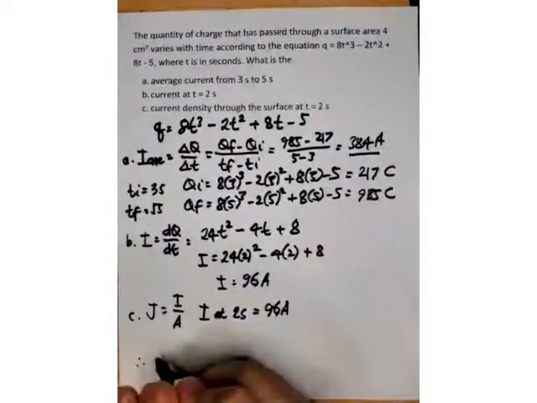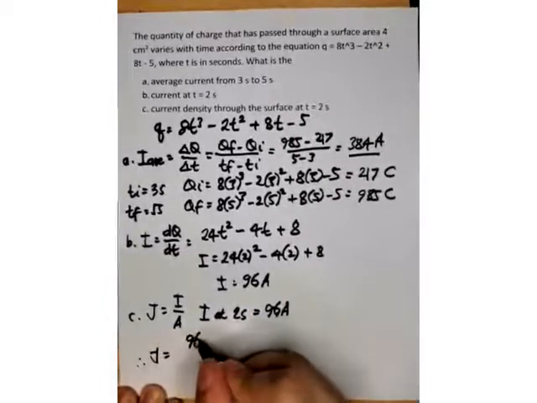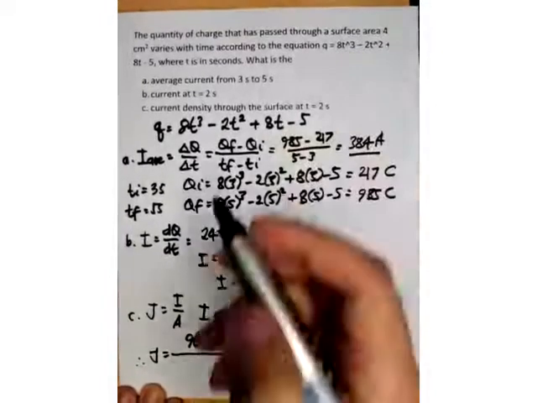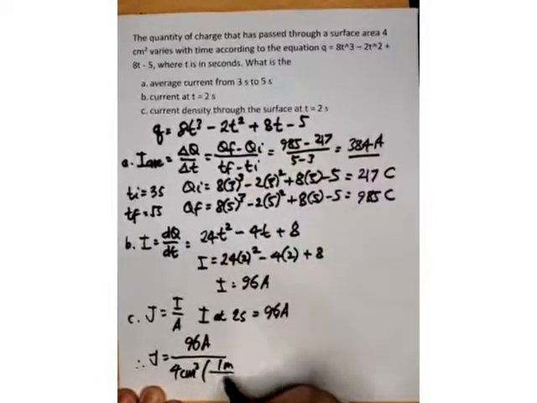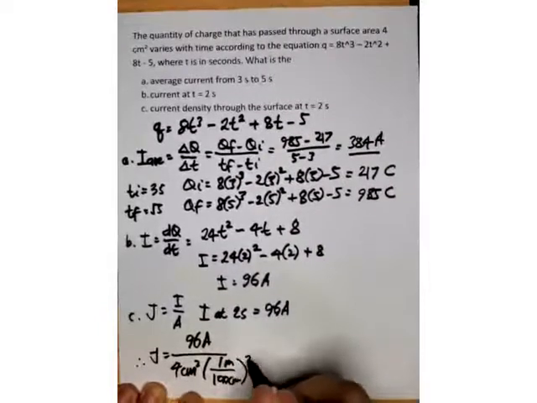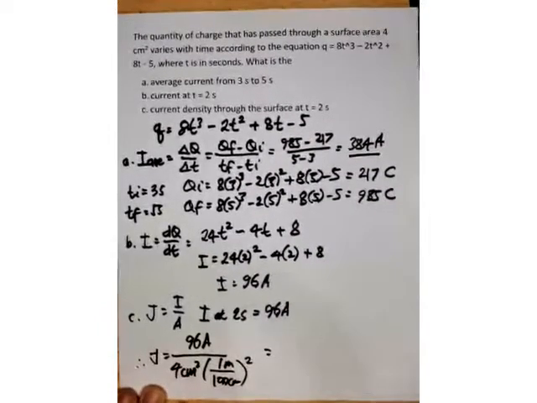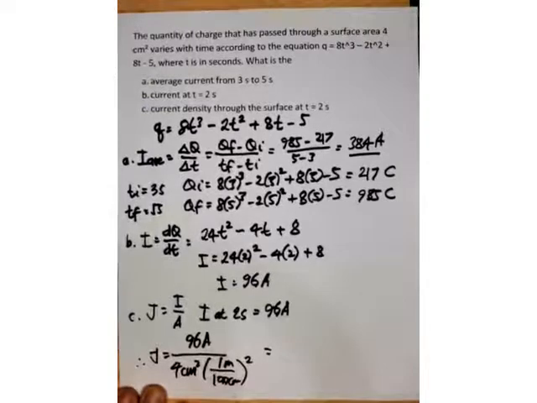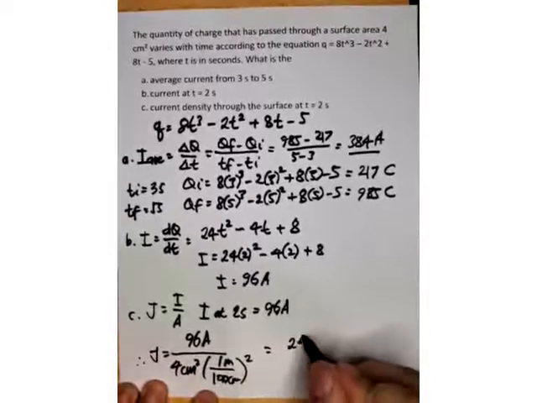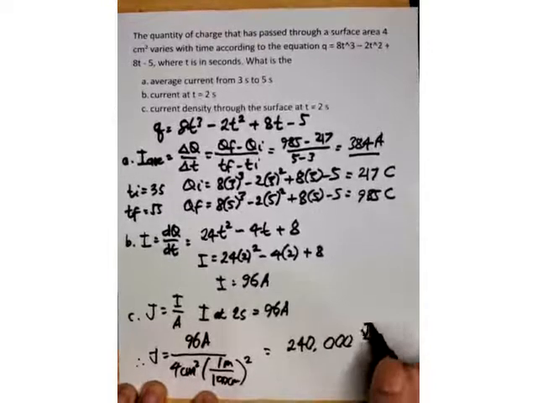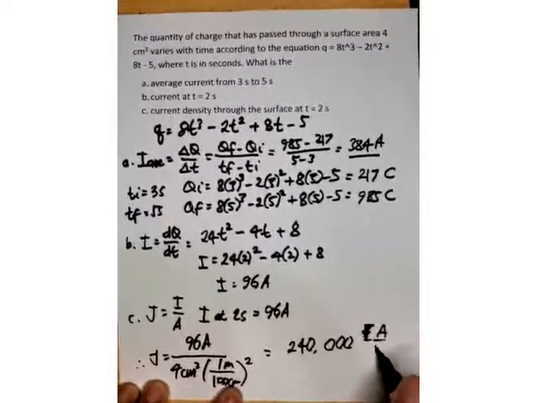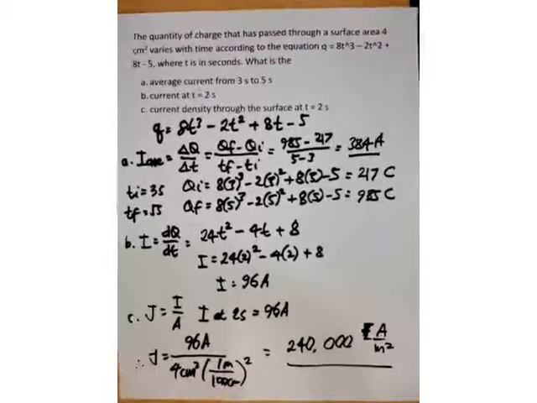Okay, so therefore, J is equal to 96 amperes over yung area natin na 4 cm squared. So convert lang natin. So 1 meter over 100 cm squared. So that's equal to 240,000 amperes per meter squared. So this is the current density.